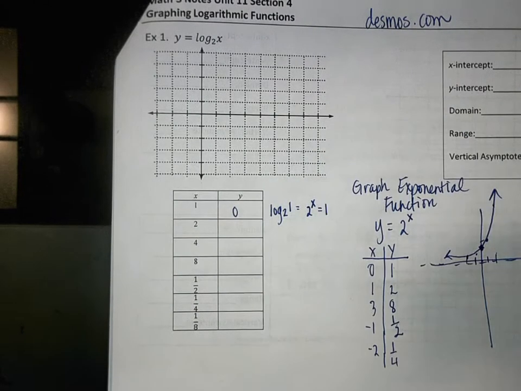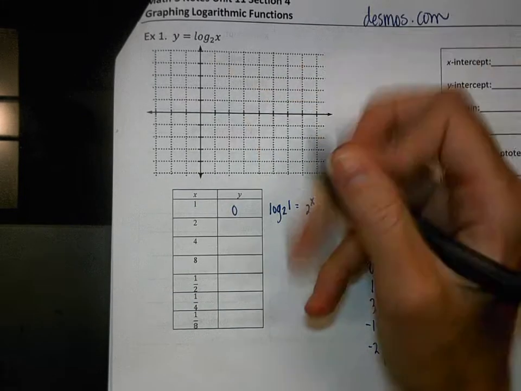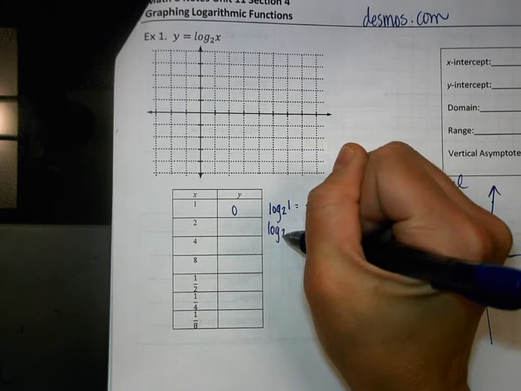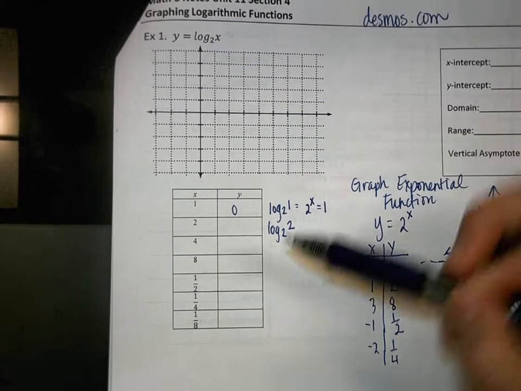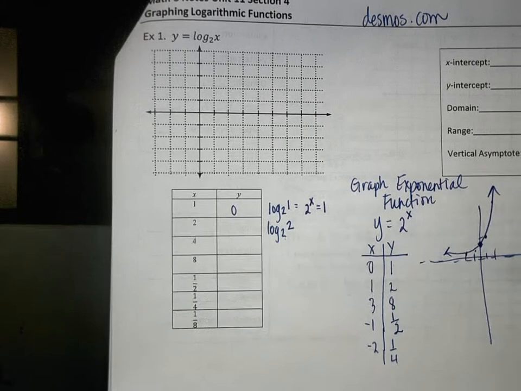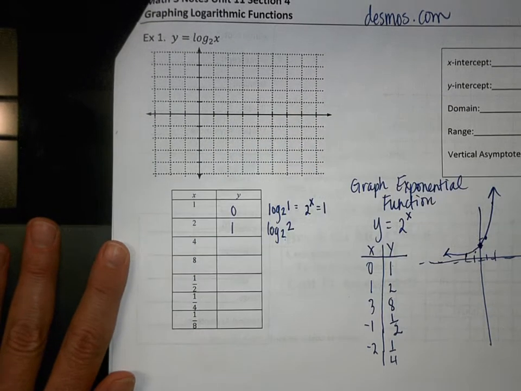You could change it to exponential form if you want to, but for the values we're choosing here, I think you guys can figure them out in your head. So log base 2 of 2: 2 to what power will give me the answer of 2? 1. Are we okay? Yes? All right.